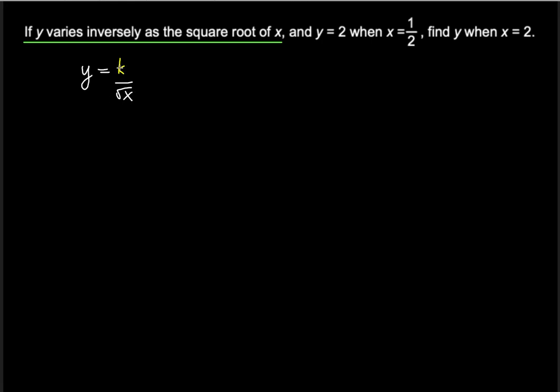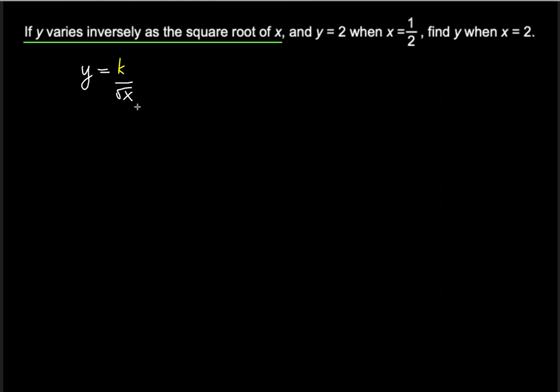When the denominator gets larger and larger, the fraction gets smaller and smaller, and the fraction value is the y value. So as x increases, y will decrease. And the other way around, as x decreases, the denominator gets smaller and smaller, so the whole fraction gets bigger and bigger, and so does y. They work in opposite ways when you set it up right.